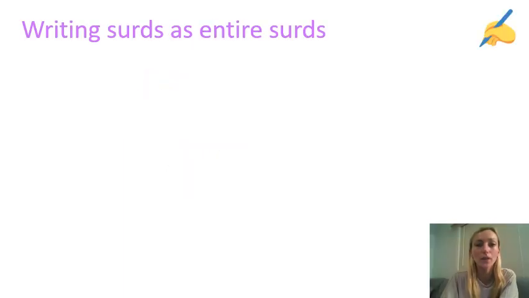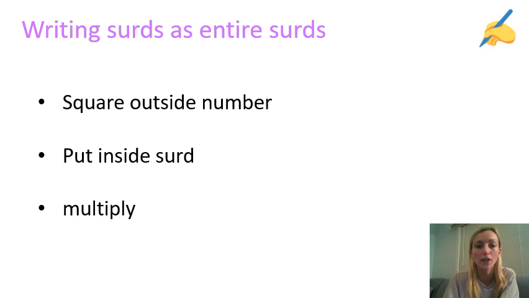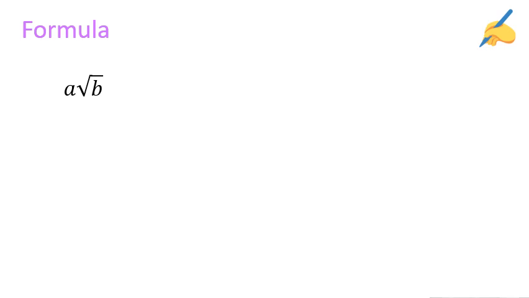So these are the written steps for writing surds as entire surds if you want to copy them down. So the first thing, square the outside number and put it inside the surd symbol. Then you can multiply the surds to combine them. If you're more of a formula person, I guess you could say this is a formula.